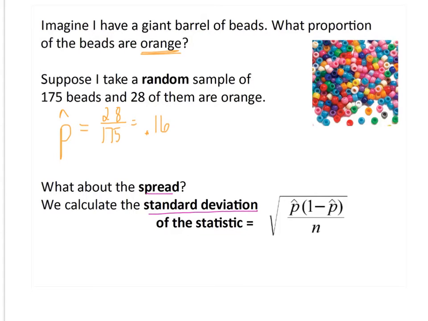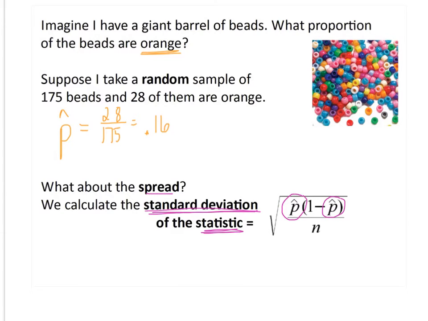And if I think about finding the standard deviation, I'm going to use this new formula, so get this formula down. It's p hat times 1 minus p hat. Before, we've seen p and 1 minus p, but I don't know the proportion of the population. I only know p hat, so my standard deviation, or my spread, for this statistic is going to be the square root of p hat times 1 minus p hat over n.